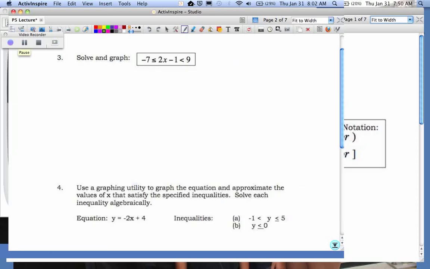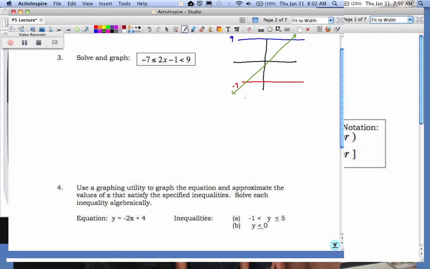Now this is kind of what I call a 3-compartment problem. There are 3 areas in the problem because we have the 2 inequality symbols. And so the 2x minus 1 is being sandwiched in between negative 7 and 9. If you graphed it on an xy plane, you'd have something down here at negative 7, and you'd have another one up here at positive 9, and then 2x minus 1 would do something like this.